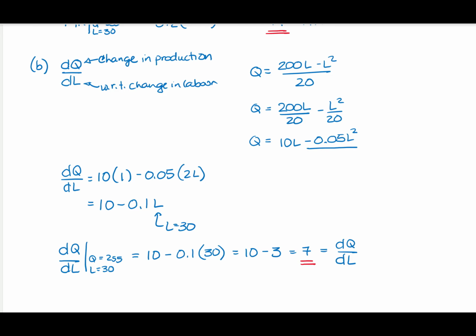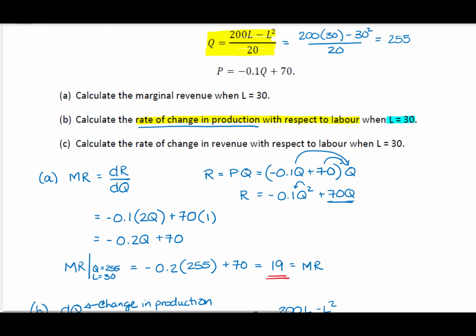And then there was a third part to this question. Just going to erase this up here, and that is to calculate the rate of change in revenue with respect to labor when L is equal to 30. So again, ignoring my L is equal to 30 for now, just trying to dissect the language. Rate of change in revenue with respect to labor.